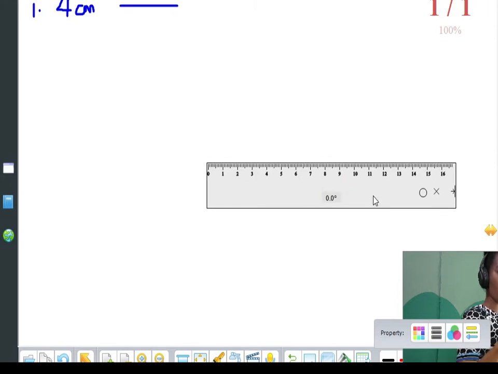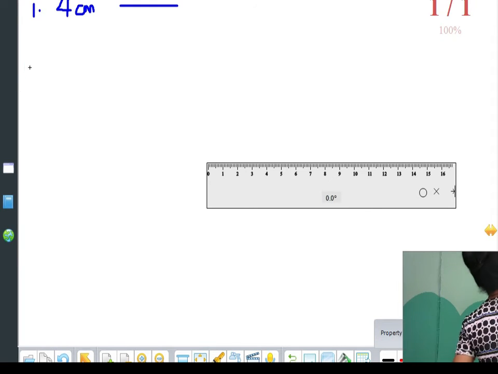Then the second example, we're going to take another one for you to try. I know you're going to do it with me. Pick up your ruler and we do the second one. Number 2: 5 centimeters.